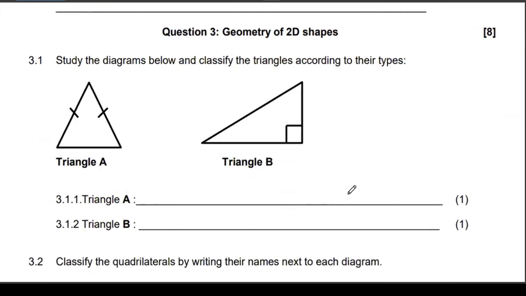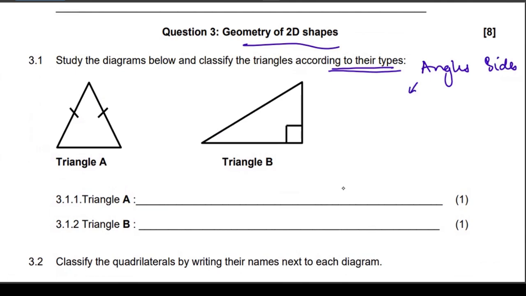Then 3.1, which is the geometry of 2D shapes. Study the diagrams and classify the triangles according to their types. So remember, classification of triangles is based on angles and also based on the sides.